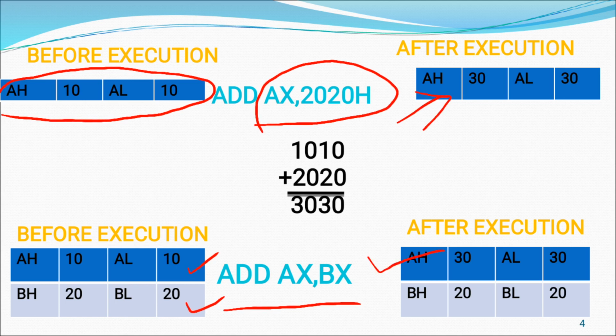Here the result will be stored as 3030 after the execution of this instruction, and the BX register remains the same as 2020. In any kind of instruction, the source register cannot be altered after the execution of the instruction. The source register remains the same for all instructions.